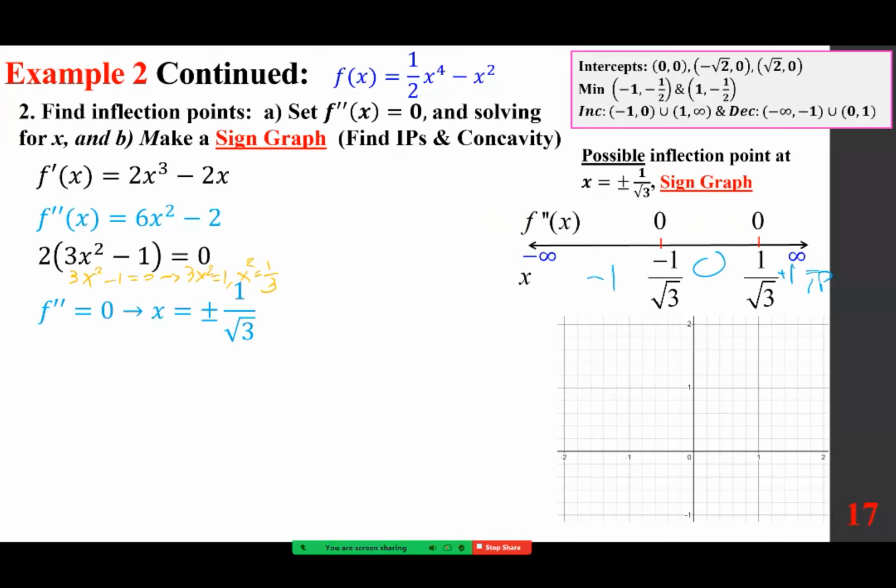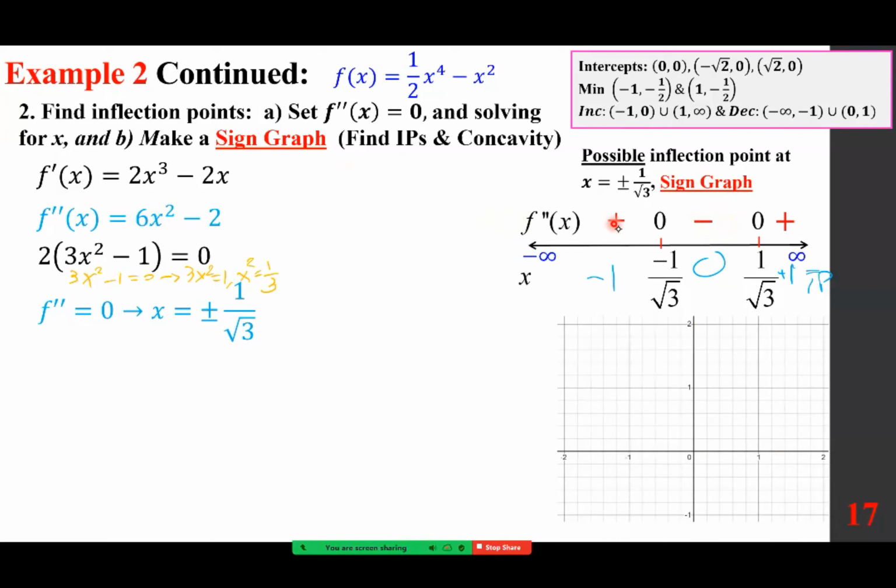Okay. And so I'm going to stick with 0. If I put 0 into f double prime, the answer is minus. And as I said, they will alternate. But if you have any doubts, put -1 here. Makes it +1 times 6 is +6 minus 2 is +4. And the same thing with 1.